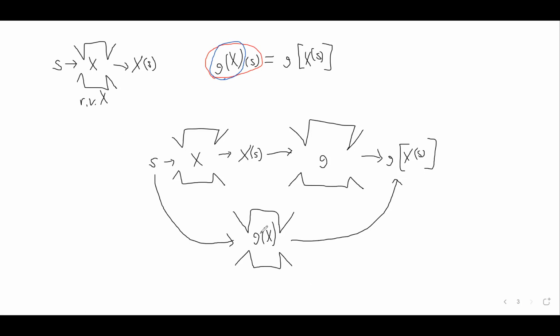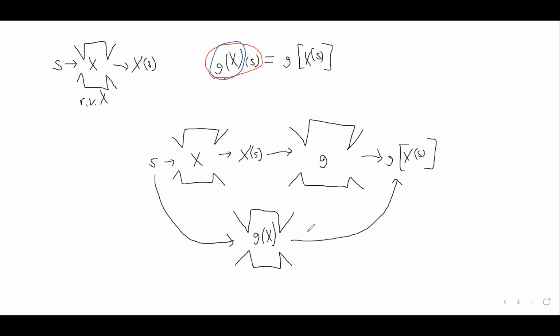So g of x is a random variable. It's a function, which is a composition of those two functions in the picture. It's a composition of first the random variable x and then the function g. So you're post-composing the random variable x with g to get the function or random variable g of x.